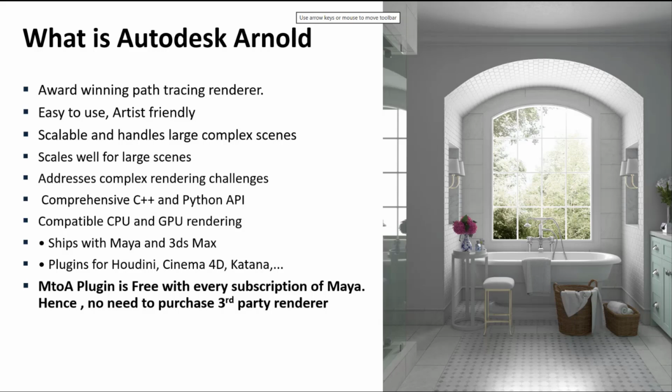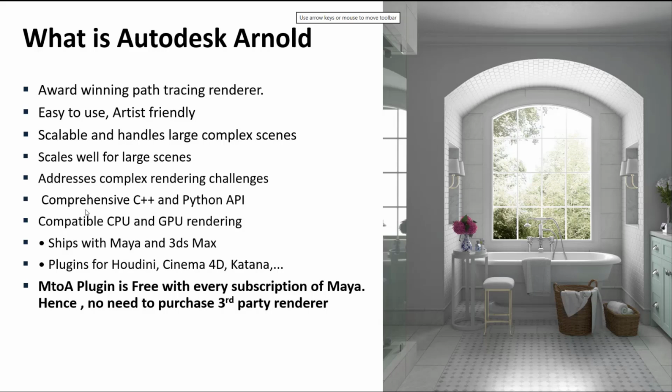Autodesk Arnold also supports CPU and GPU rendering, which means if you have a good computer spec, especially the graphics card, you can switch to GPU rendering. If you have older specs, you can also use Arnold with CPU rendering. That's what Autodesk Arnold is.